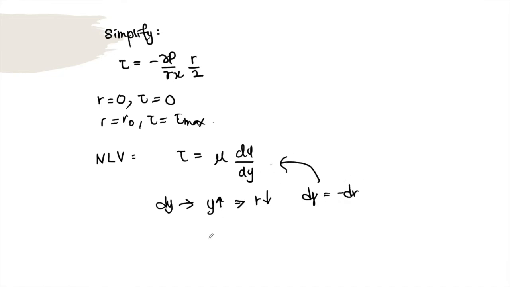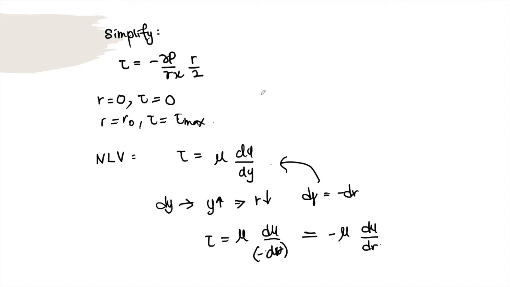It will become tau equal to mu du over dy. Oh, sorry, du over negative dr. So you will get negative mu du over dr. So that is the equation of tau.